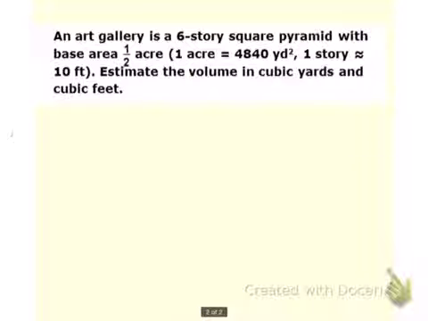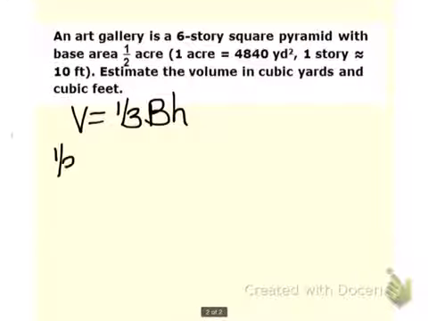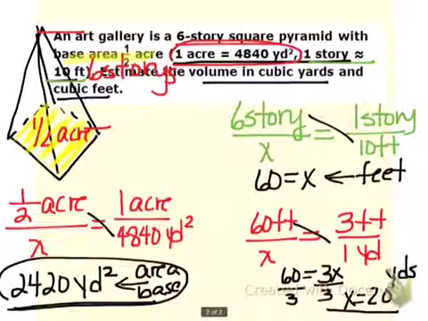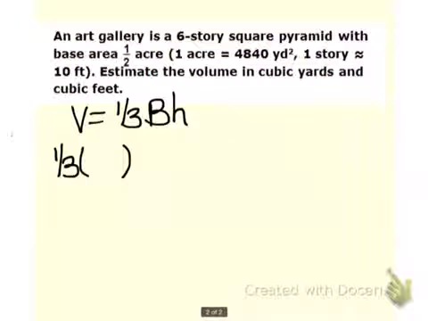So I want to go to the volume. I know volume is equal to 1/3 the area of the base times the height. So I know that I have 1/3, and I need to see what the area of the base is. The area of the base is 2,420. So I'm going to put 2,420.